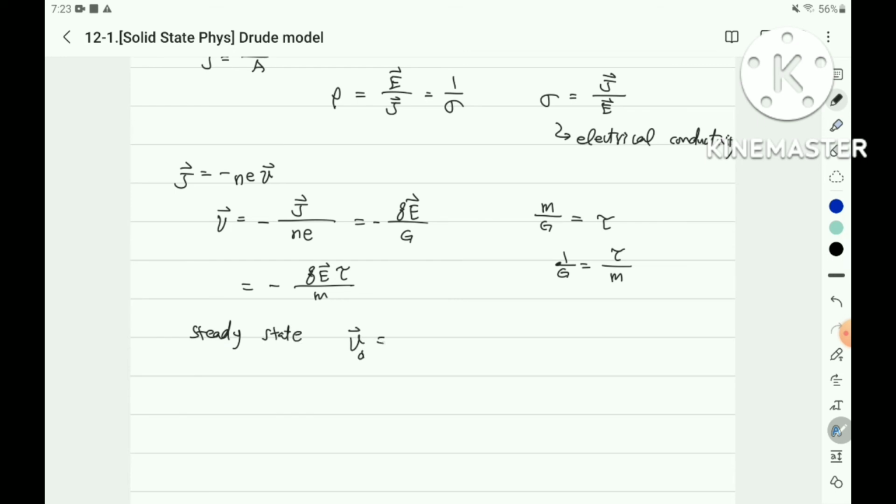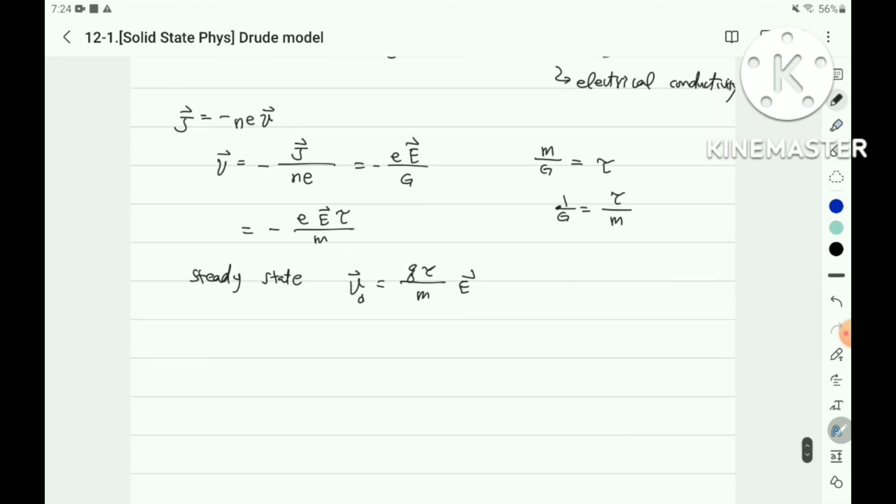The drift velocity is here not q but e, because q is minus e for an electron, and eE tau over m is the drift velocity.